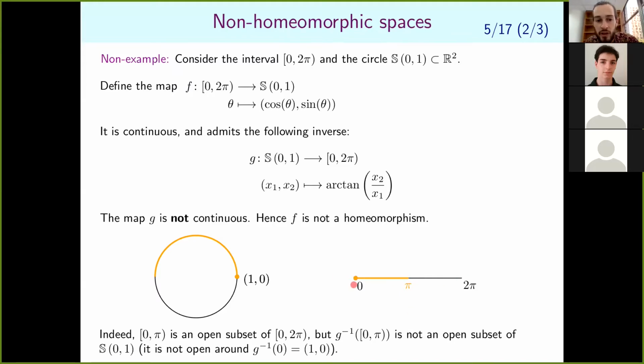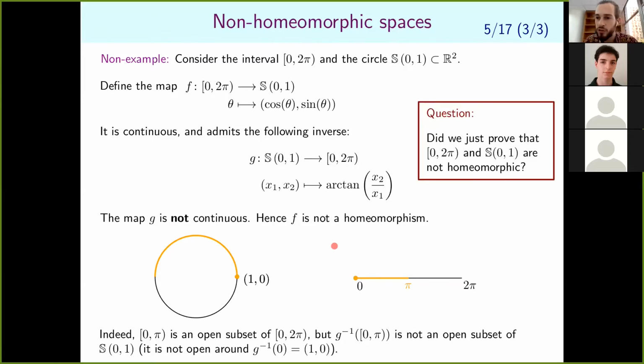So for instance, this set could be written as minus epsilon open and pi open, and if I take the intersection with 0 pi, I end up with this set, which is open. Okay. So G is not continuous.